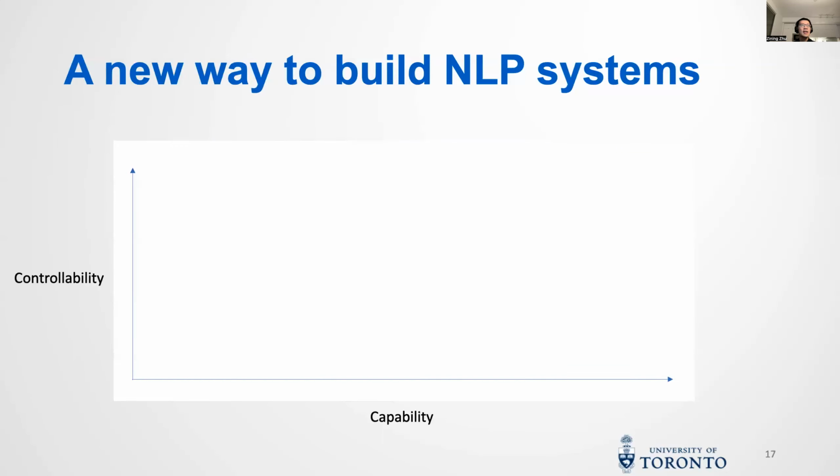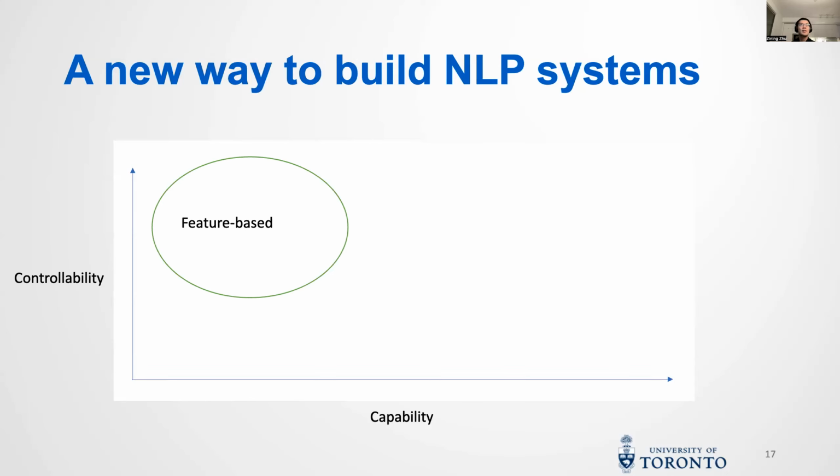I like to briefly summarize the systems in terms of the controllability and capability axes. The x-axis describes the model's capability. The larger the capability, the higher performance the NLP system is able to reach. And the y-axis is the controllability. A higher level of controllability comes with more trustworthiness and more interpretability.